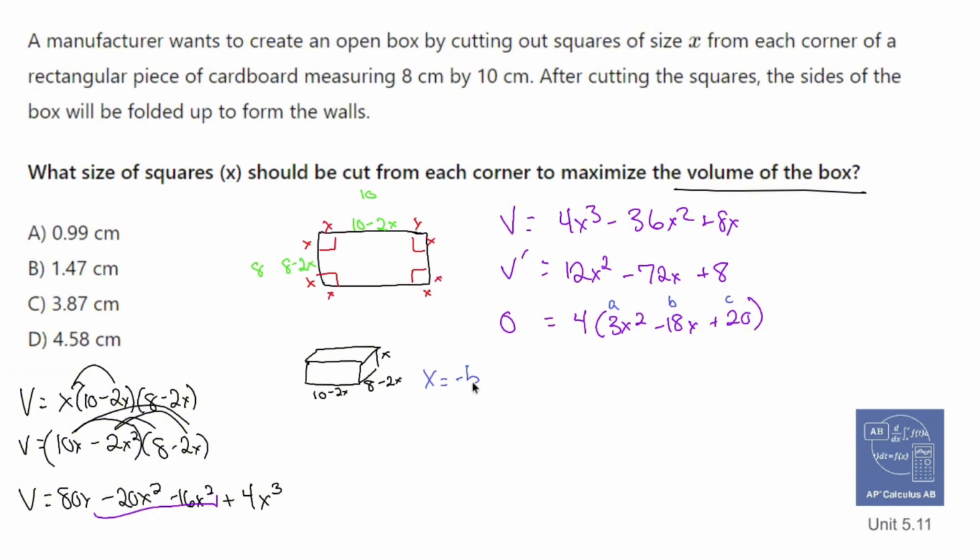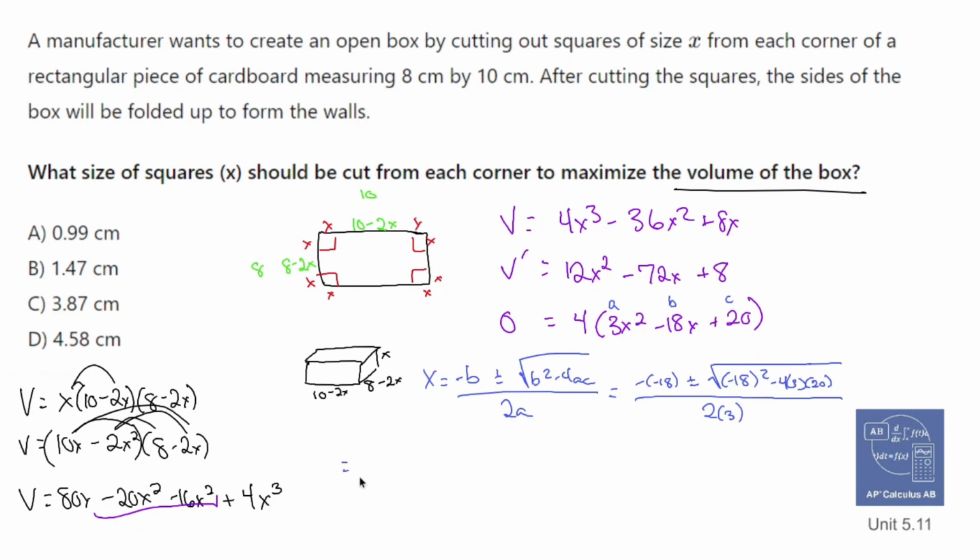X equals negative B plus or minus square root B squared minus 4AC all over 2A. And we'll plug in our friends. Negative negative 18 plus or minus the square root of negative 18 squared minus 4 times A, which is 3, times C, which is 20, all over 2A, which is 2 times 3.